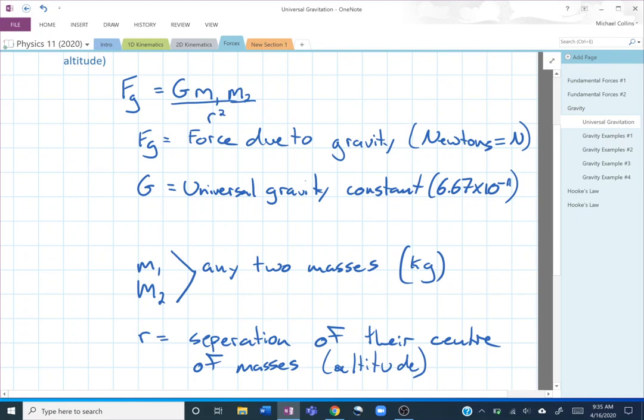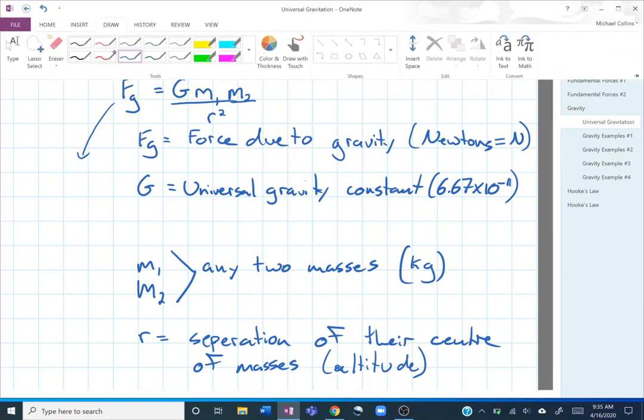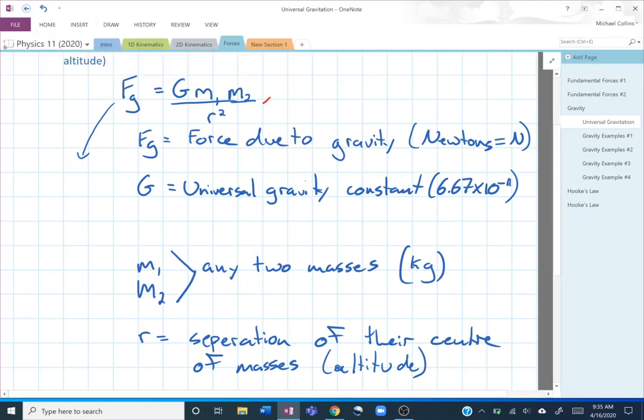So when we talk about units, units work the exact same way as numbers. If I take this expression and rearrange it for G, I'm going to draw this in red and then erase it afterwards so that people can see what I'm doing. I would multiply both sides by r squared divided by m1 m2, and that would mean that my r cancels with r, my m1 cancels with m1, and my m2 cancels with m2.